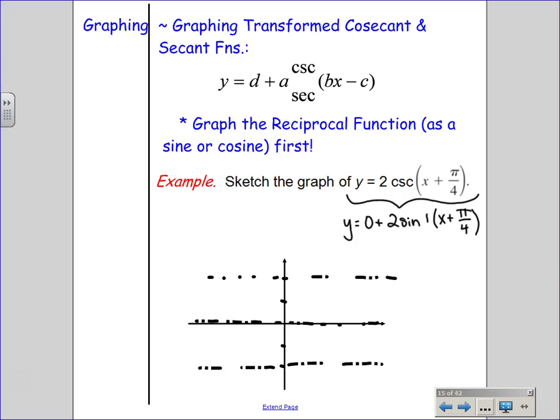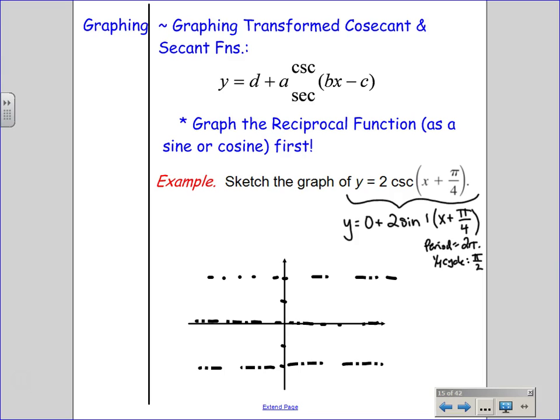I have my period, which is just a 1, right? So I can say my period is just going to equal 2 pi over 1, which is just 2 pi. So my quarter cycles are still going to be just every pi over 2. But I have a shift, don't I?